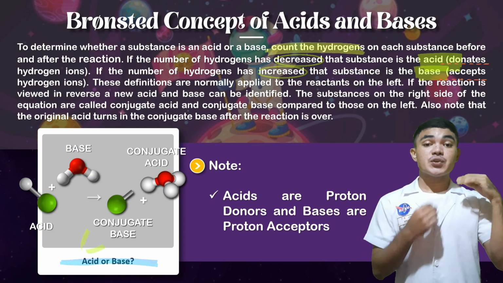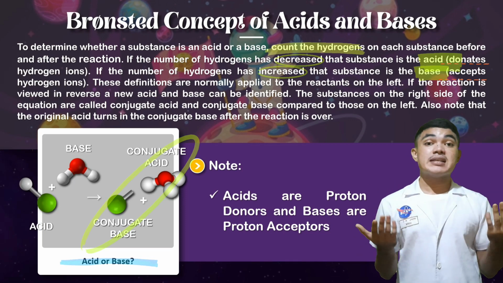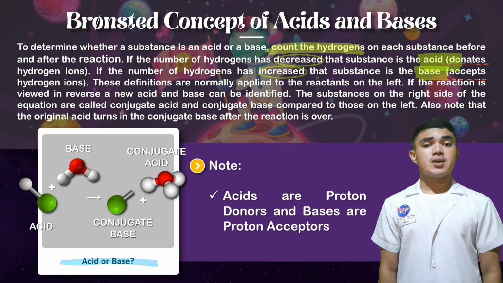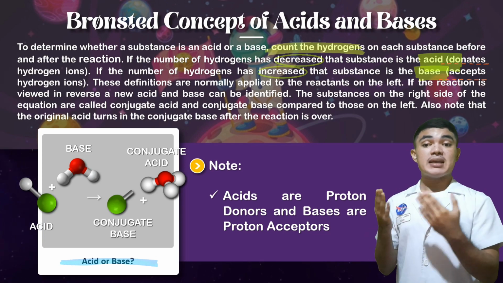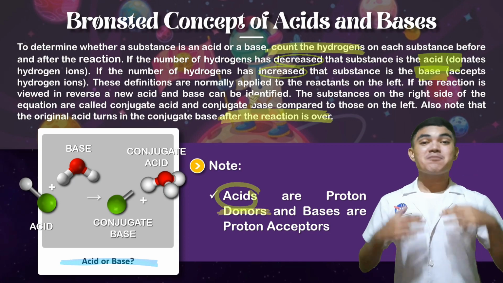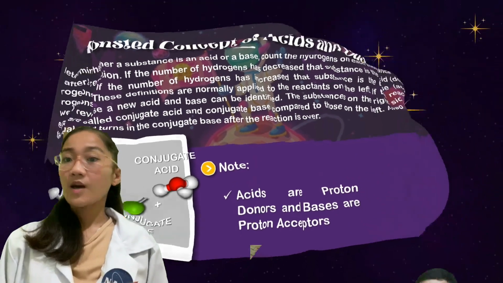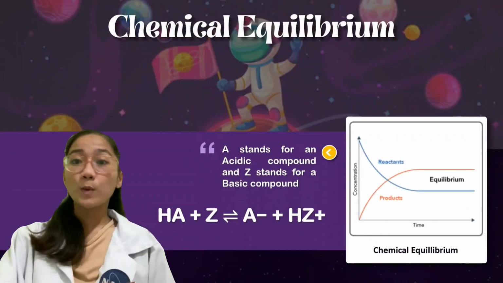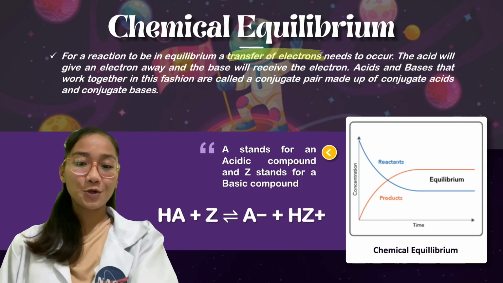The substances on the right side of the equation are called the conjugate acid and conjugate base compared to those on the left. Also, note that the original acid turns into the conjugate base after the reaction is over. Always take note that acids are proton donors and bases are proton acceptors. For a reaction to be in equilibrium, a transfer of electrons needs to occur.